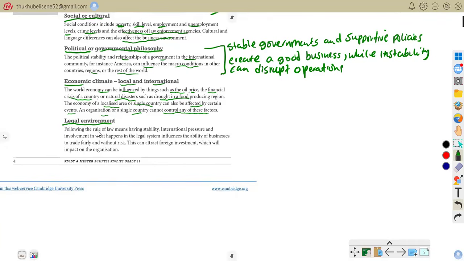So as it says, following the rule of law means stability, international pressure, and involvement in what happens in the legal system influences the ability of business to trade fairly and afford risk. This can attract foreign investment, which will impact the organization.